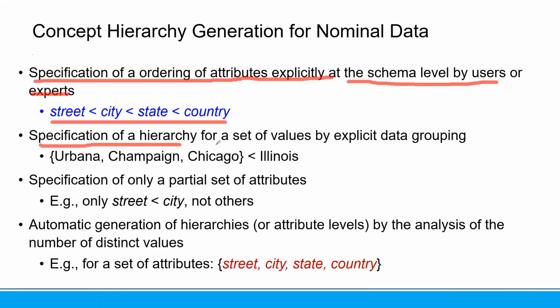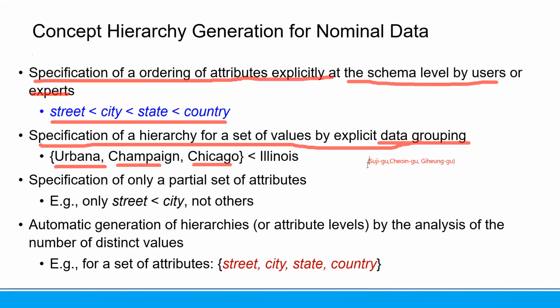Sometimes we have the specification of a hierarchy for a set of values by explicit data grouping. Maybe this example is Urbana, Champaign, and Chicago. They are in the same state, which is Illinois. In our case, in Korea, in our city, Yongin, we have Suji-gu, Cheoin-gu, and Giheung-gu.